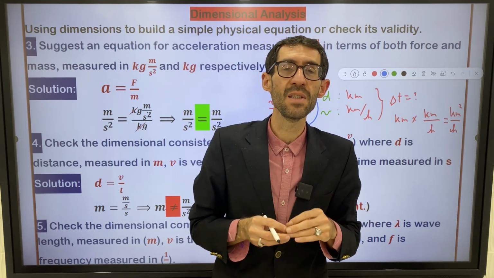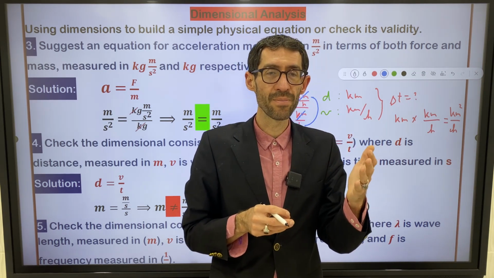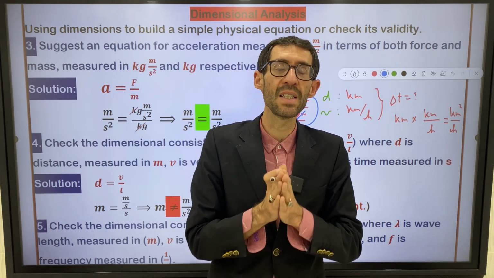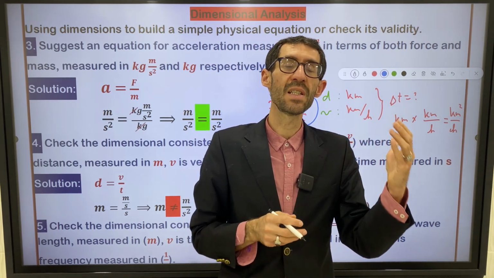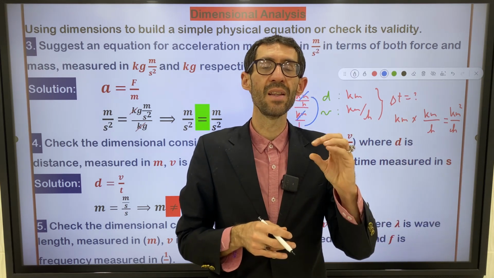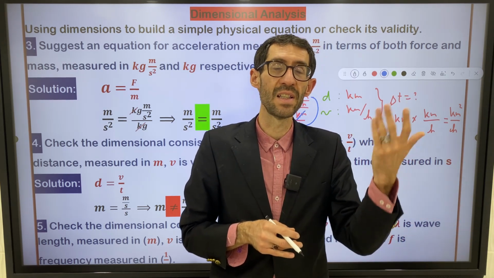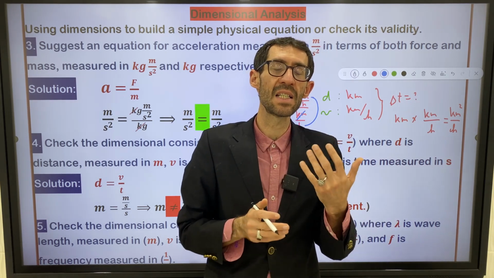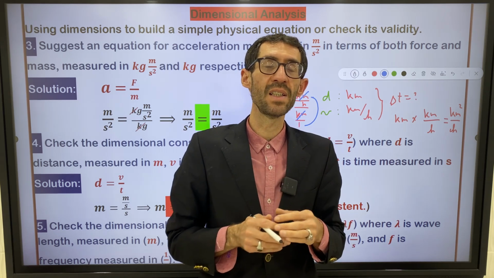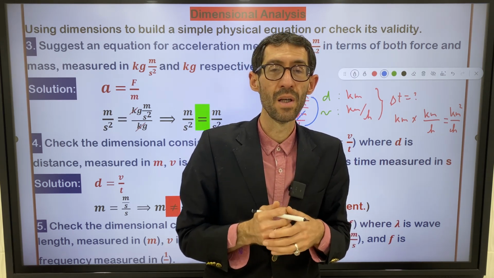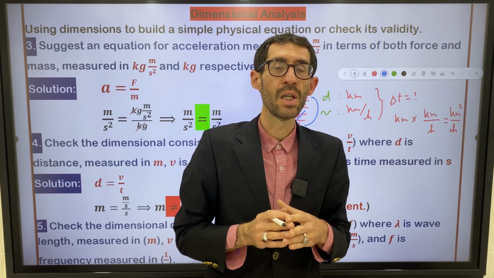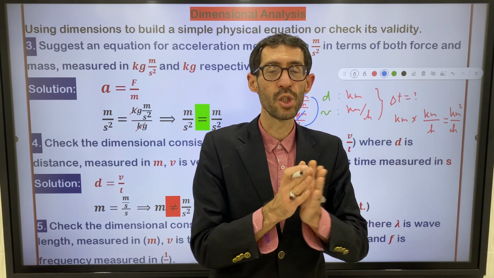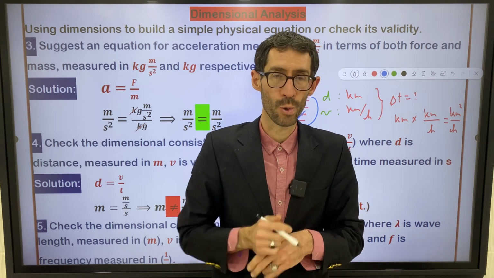Dimensional analysis means dealing with units for finding very simple rules and checking their validity. And it is not only used for finding the rule. We can use it for checking whether the rule is right or wrong, right?